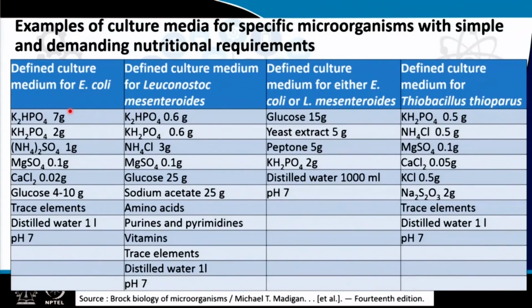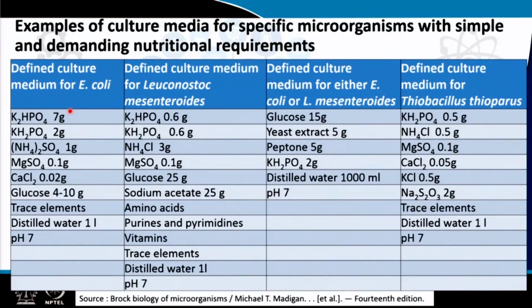The defined media are media in which all the ingredients, the chemical compounds which are added, are known and highly quantified. So, we can actually measure each of the compounds and prepare the medium accordingly.